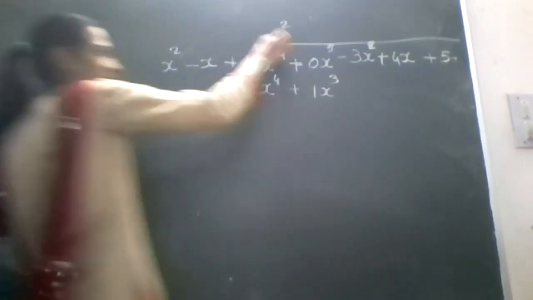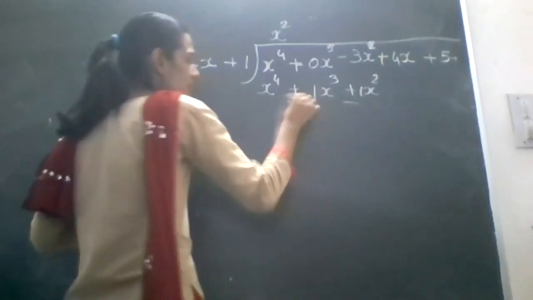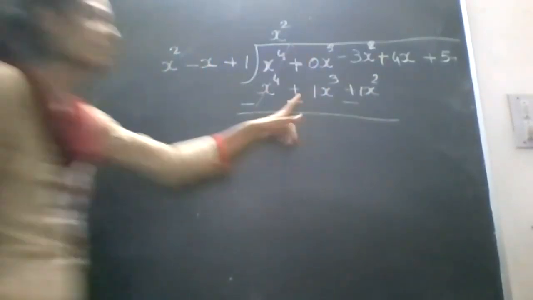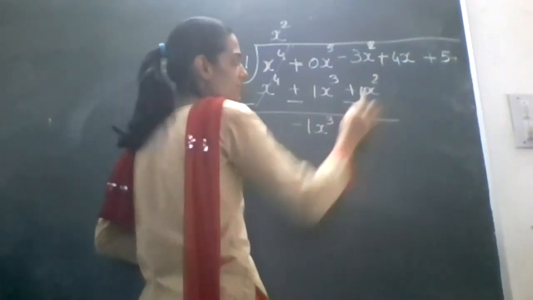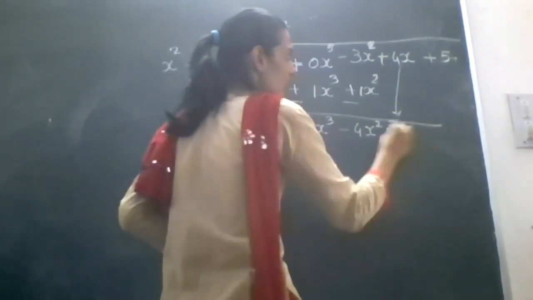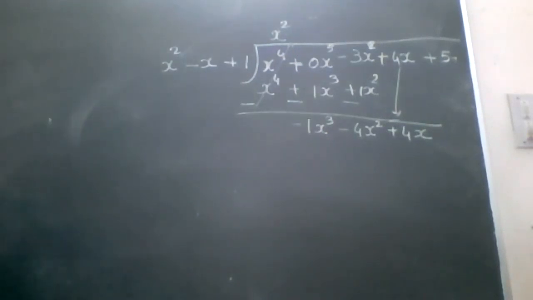And x square into 1 becomes 1x square. Now change the sign. Now here minus 1x cube is there. Minus 3 minus 1 becomes minus 4x square. And this 4x will come down with the sign. Any doubt? Till here, if anyone has any doubt, tell me.